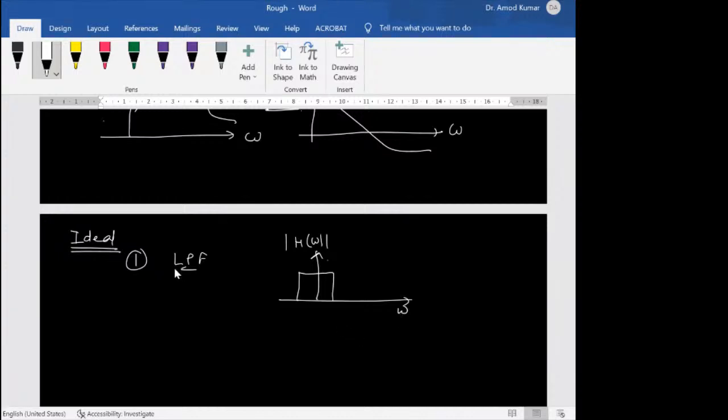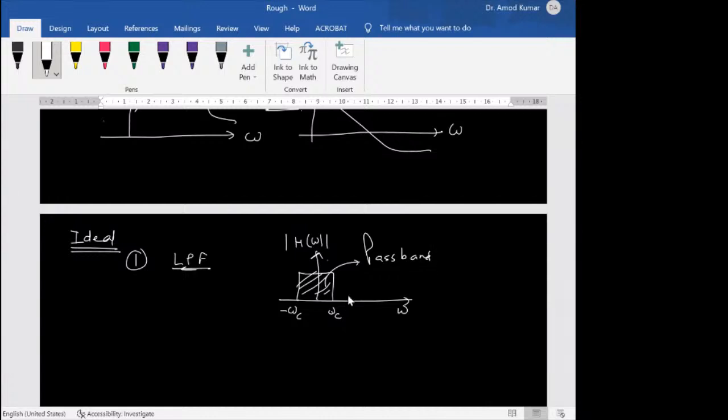Low pass filter: frequencies from minus omega c to plus omega c will pass through the filter. This part is called the pass band of the filter.